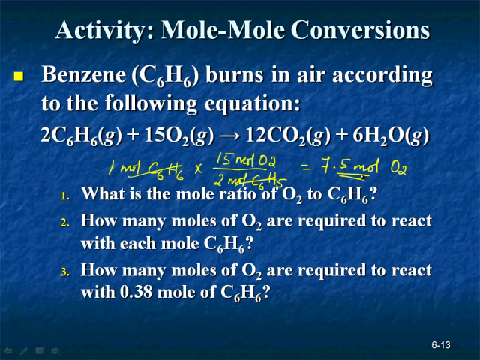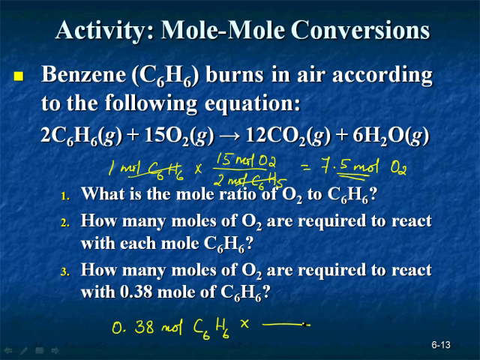Now let us do this one. This one you may not be able to do overhead. You may have to set it up. How many moles of oxygen are required to react with 0.38 moles of benzene? So how do I set that up? Where do I start? 0.38 moles of benzene, that's what I'm given. So 0.38 mole of benzene multiplied by my conversion factor, which is the mole ratio.